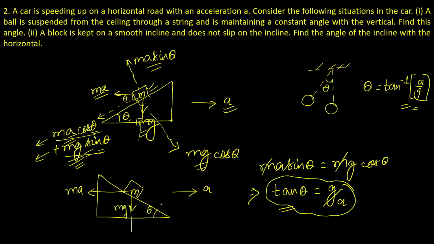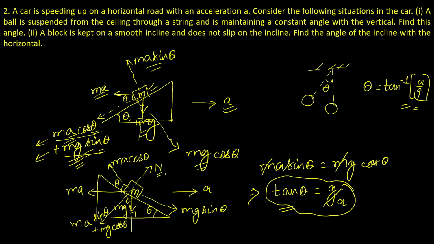So now when you consider the components, let me have this as 90 and this as 90 minus theta, and this will be theta. So ma in this direction will be ma sin theta, and in this direction we have ma cos theta, and in this direction we have mg sin theta, and perpendicular to the incline we have mg cos theta, and the normal will be here.